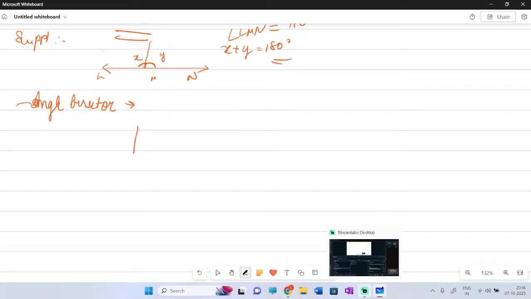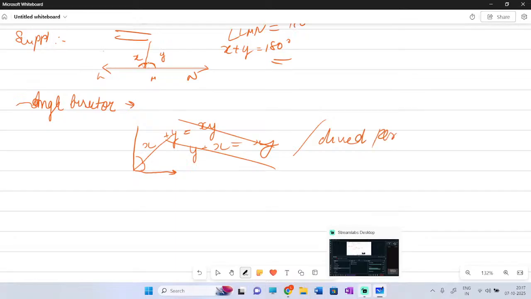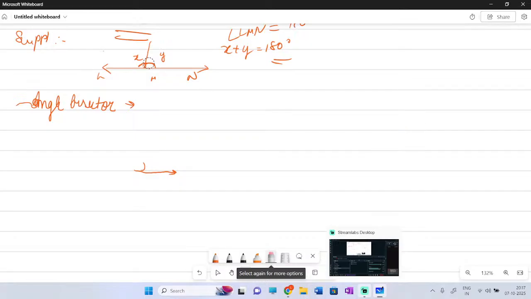I'll draw and show. This angle is bisected like this, means x plus y is equal to xy, and y plus x is also equal to xy, because this part is divided perfectly. Very important. We need to know why. That is what an angle bisector is.